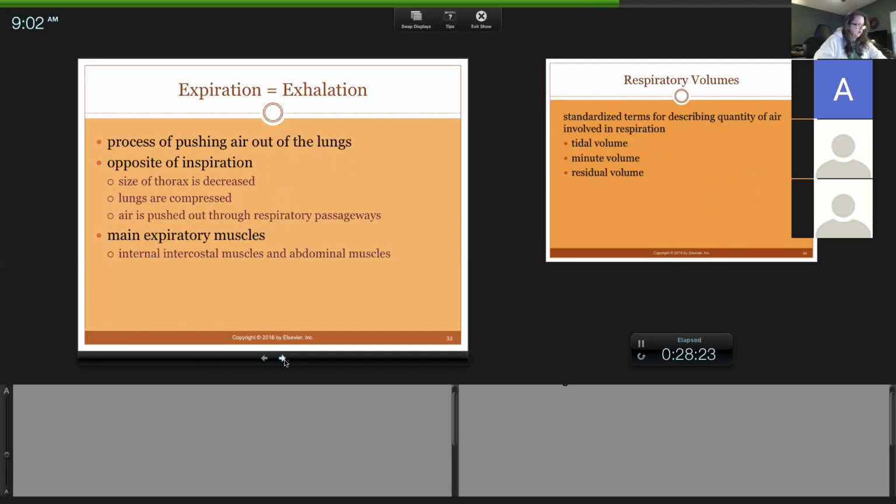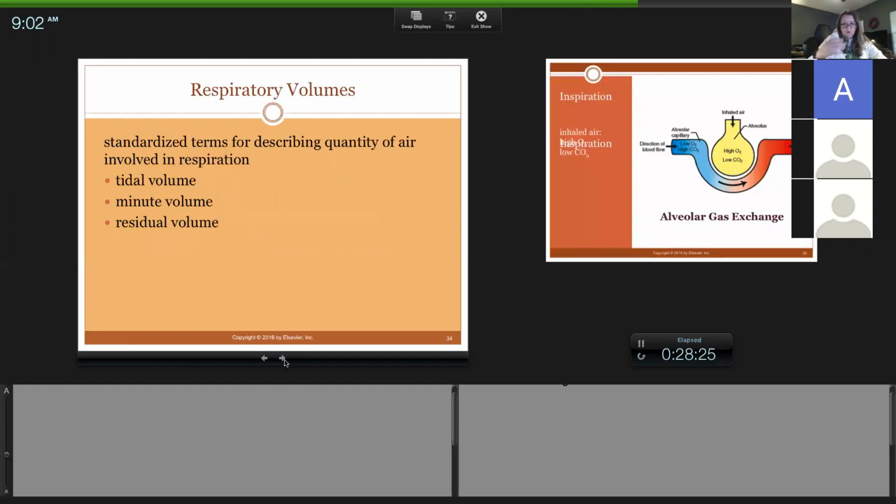The volumes that you need to know. Now, in the email yesterday, hopefully you read it. If there's people on here that have not read their email, well, A, shame on you. But B, I've put these values in your email. So you need to know the volume for tidal volume, how to calculate it, minute volume, and residual volume.